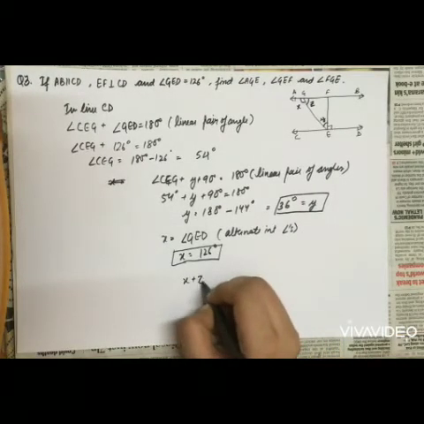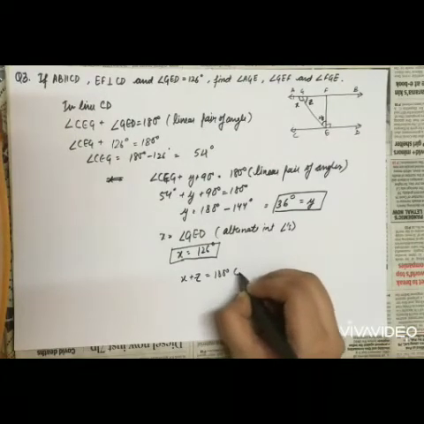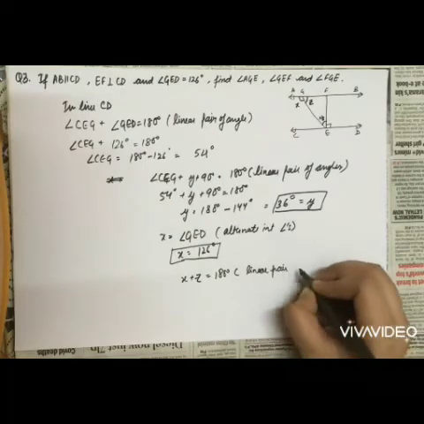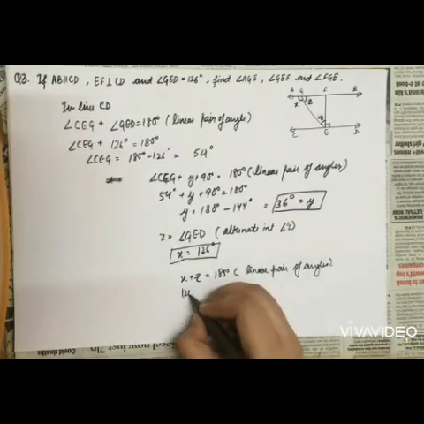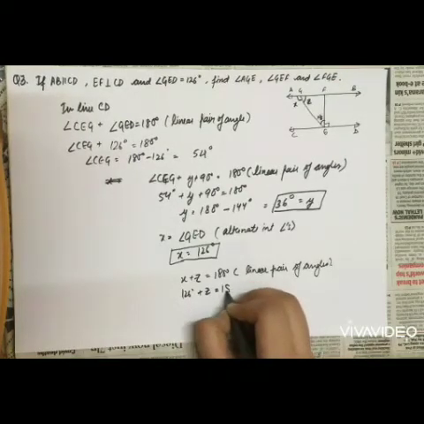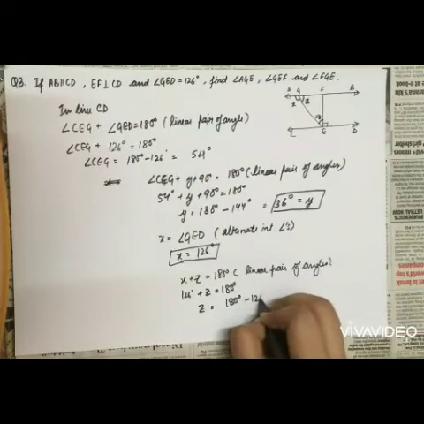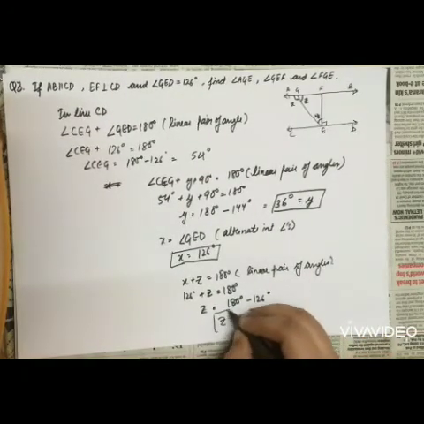So x plus z is equal to 180 degree because of linear pair of angles. Now x is 126 degree plus z is equal to 180 degree. Z is equal to 180 degree minus 126 degree. Z is equal to 54 degree.